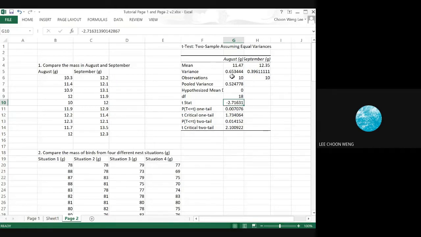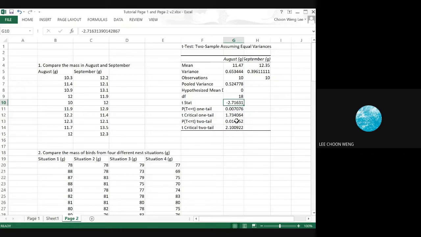It's negative here because your September is higher than your August. It's the value that is important, not the negative or positive sign in front. Now you have this P and T critical at 1 tail and 2 tail. Usually we use 2 tail because 2 tail is more stringent. If it's significant at 2 tail, it will definitely be significant at 1 tail.